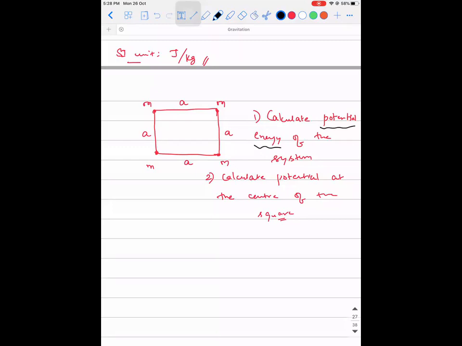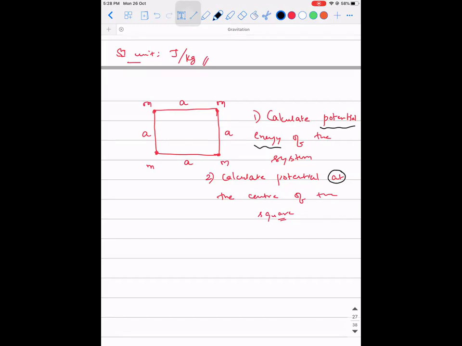So wherever the question is about potential, the keyword that will come is "at". They cannot frame a sentence like: calculate the potential between the charges. That's wrong. Between the charges, you can only calculate energy. Whereas due to a charge at a location, if the preposition "at" comes, then we calculate only potential. They also cannot frame it as: calculate the potential energy at this particular point, because energy doesn't exist at a point.